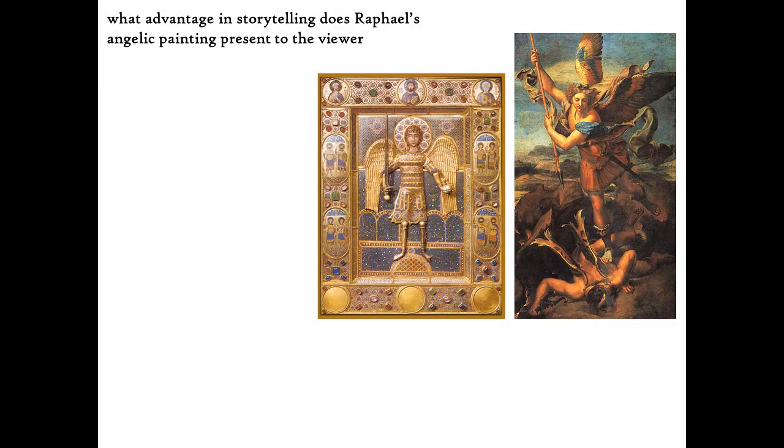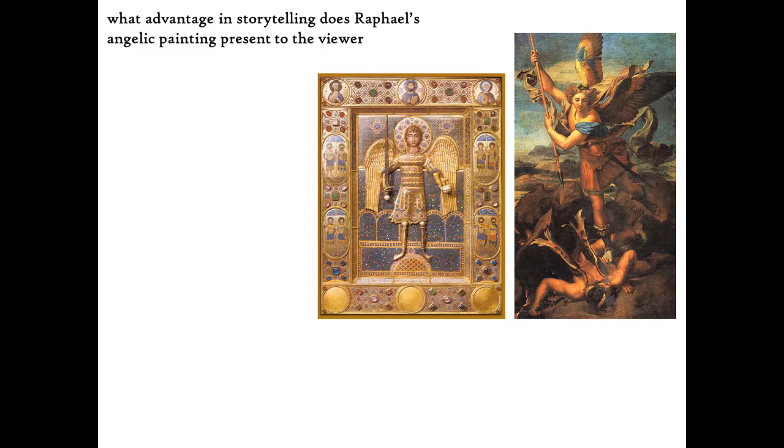So, what advantage in storytelling does Raphael's angelic painting present to the viewer? So, we have, and I've seen this painting in the Vatican Museum, Raphael's Angel Michael. So, we have two Archangel Michael paintings, right? One is the medieval icon, and the other is Raphael's Renaissance painting. Do they look different?